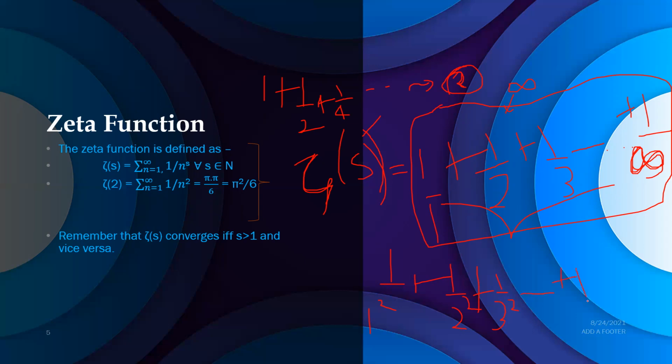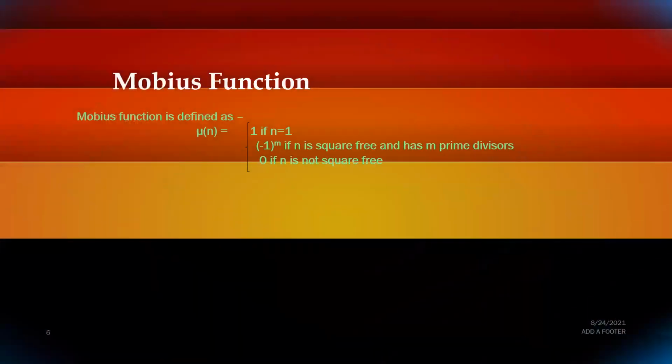This very large sum is tending towards a very surprising value, which is pi square by 6. The proof is out there on YouTube, you can search for those videos. It's very surprising, and it was proved by Euler. So anyway, let's move on.